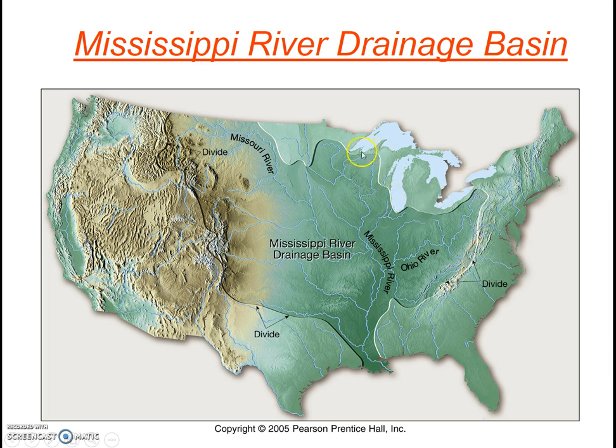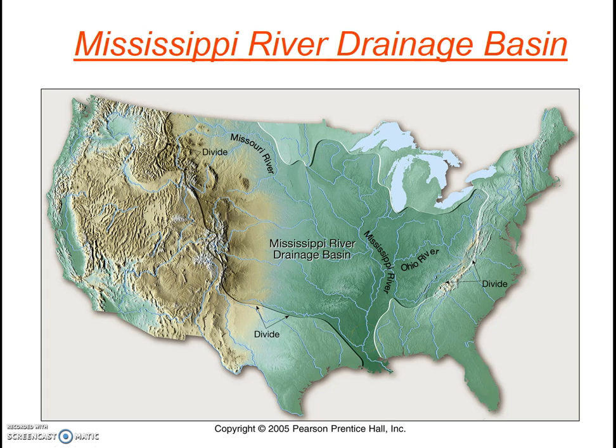So this whole area here is the Mississippi River drainage basin. Any rain that falls anywhere in here, eventually through runoff and stream flow or through groundwater flow, would eventually make its way to the Mississippi River.